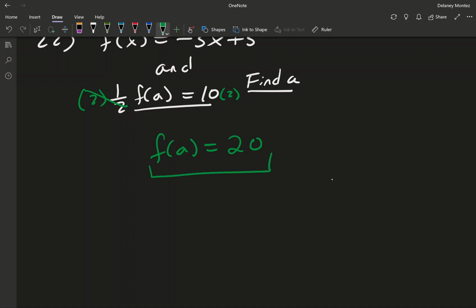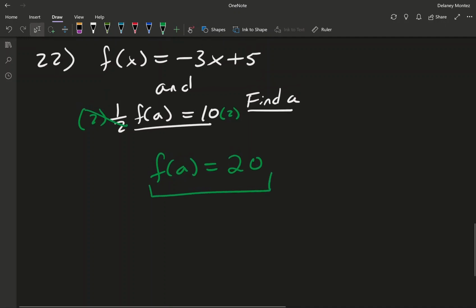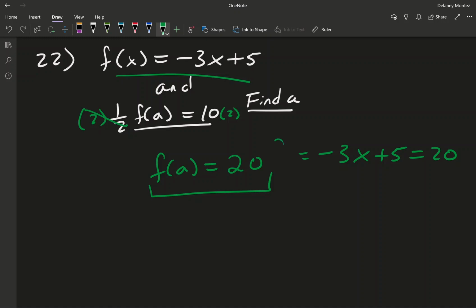So now we're looking for a. This is much simpler now that we're given the function. When I plug in a to this function, I'll get 20, so I could just solve for it directly.